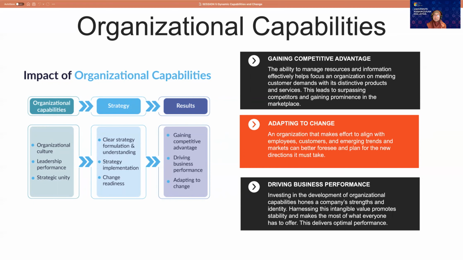So basically, the idea of organizational capabilities in relation to change is to gain competitive advantage. Remember when I explained earlier about competitive parity and competitive advantage, the VRIO template.